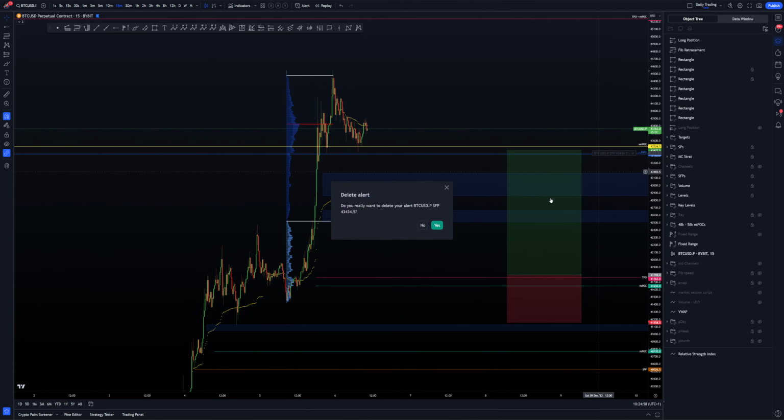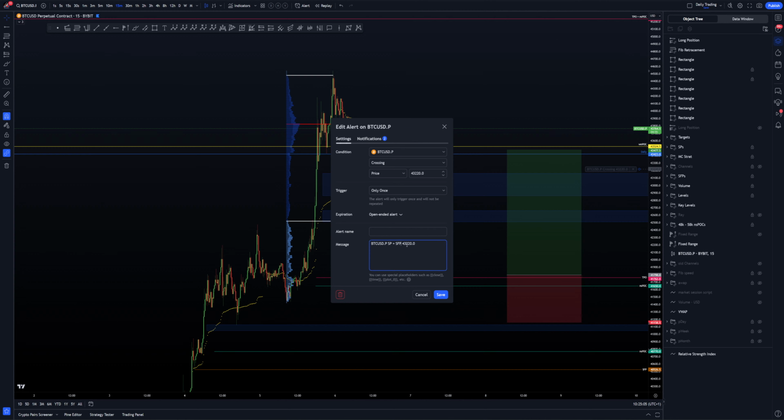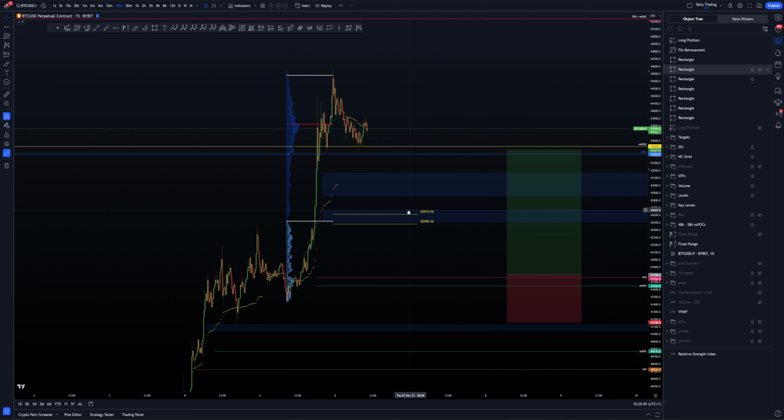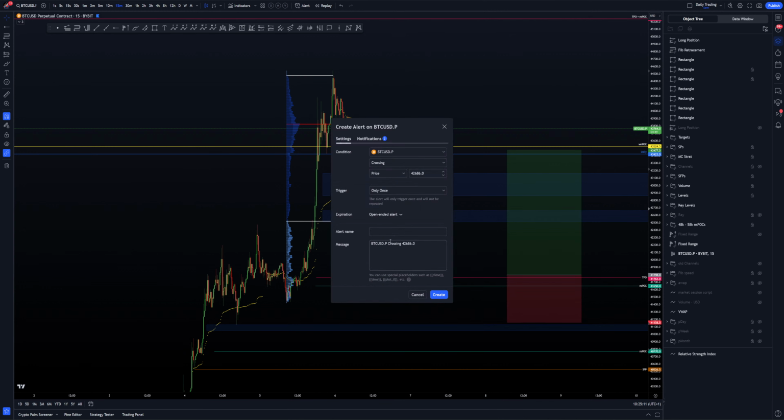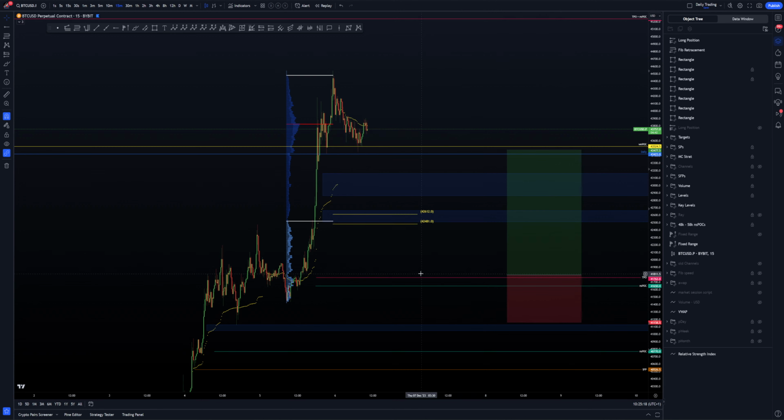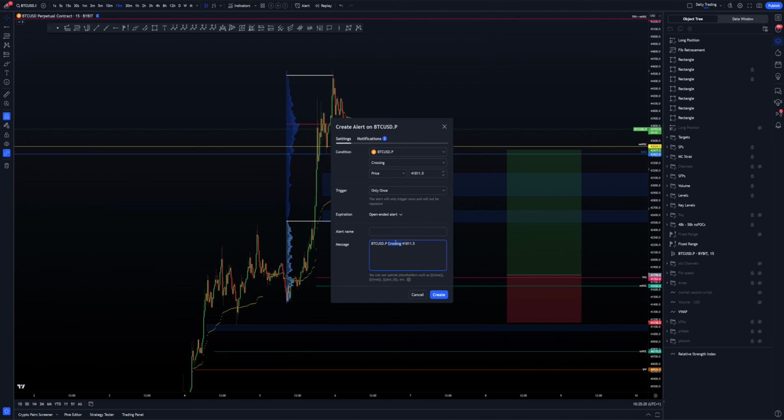Let me just remove a few alerts there. Rename these: long 1, long 2, and the long 3.